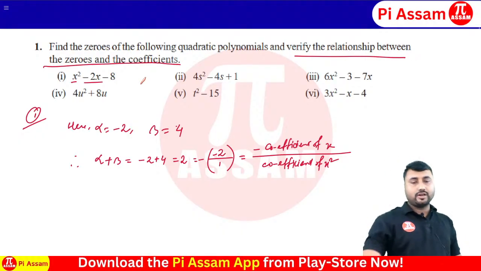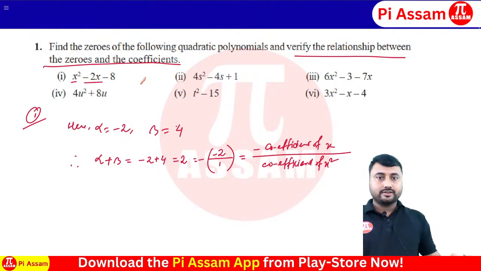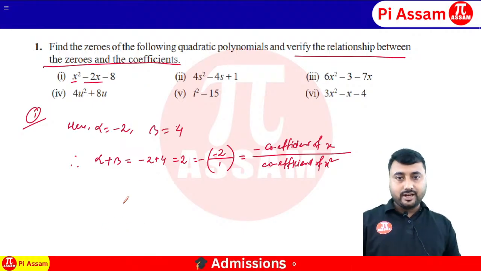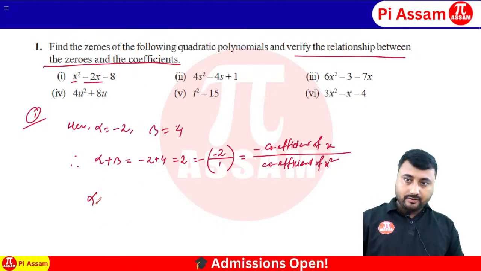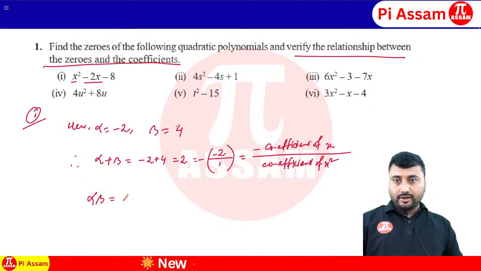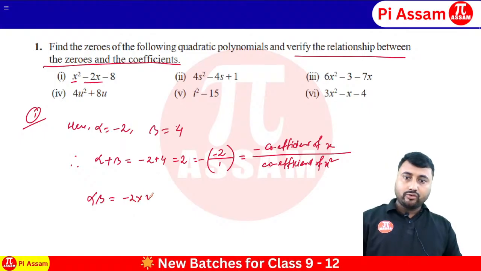So we verified the relationship between zeros and the coefficients. The first relation alpha plus beta is done, and alpha beta is equal to minus 2 into 4, which is equal to minus 8.